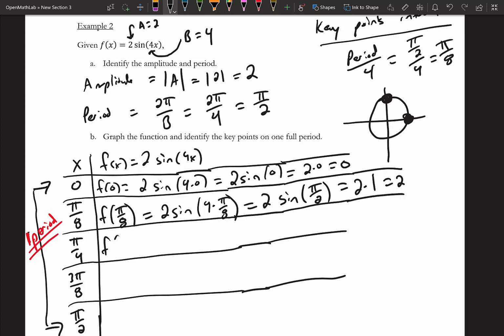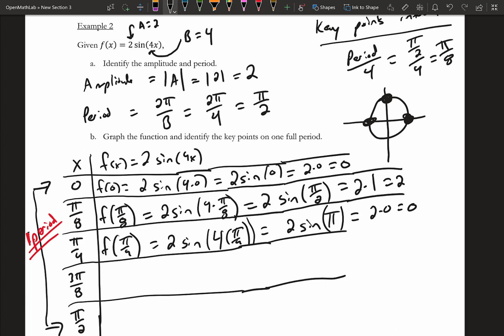And then f of pi over 4 would be equal to 2 times sine of 4 times pi over 4, which would be equal to 2 times sine. So that would just reduce down to be just pi. So sine of pi would be here. The y-coordinate would be 0, so this would be 2 times 0, which is 0.